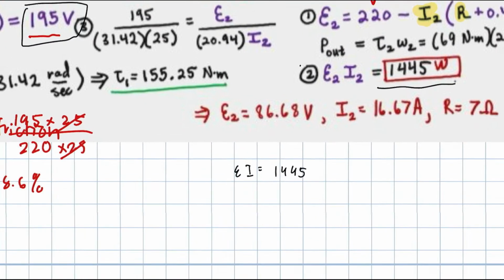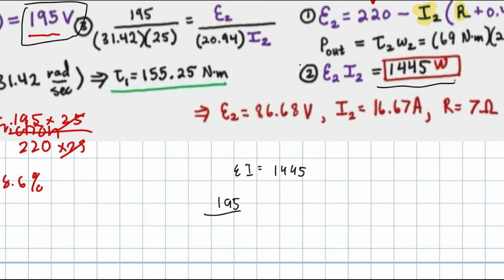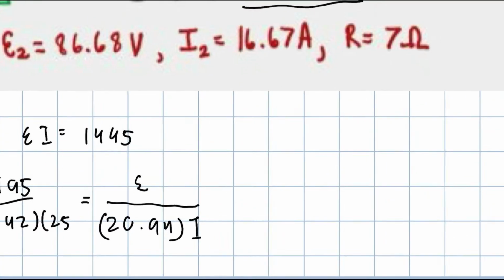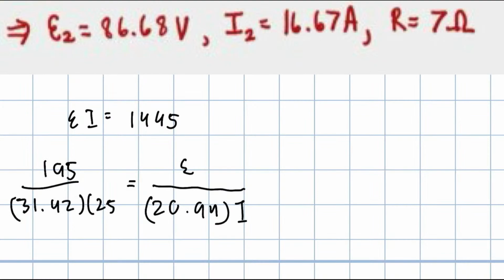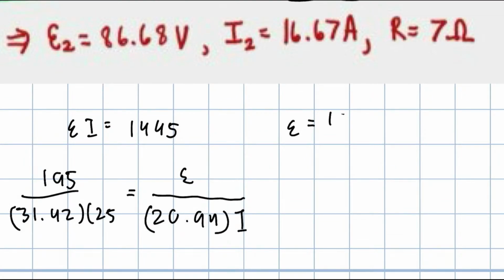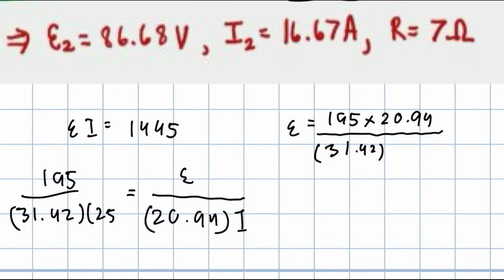We know that 195 over 31.42 times 25 equals to E over 20.94 I. Okay, so kita letak E as 195 times 20.94 over 31.42 times 25.